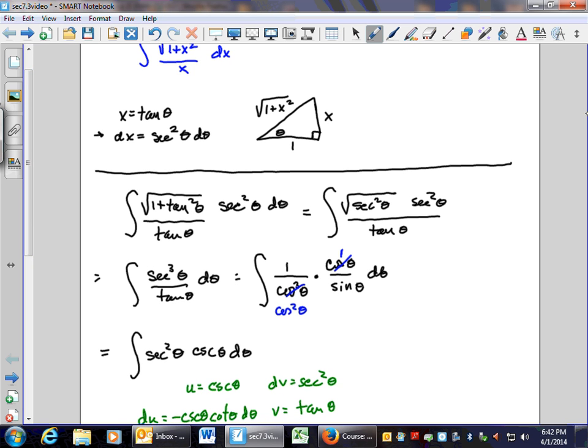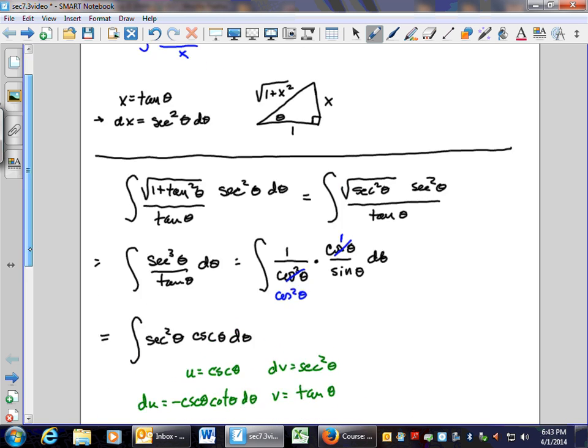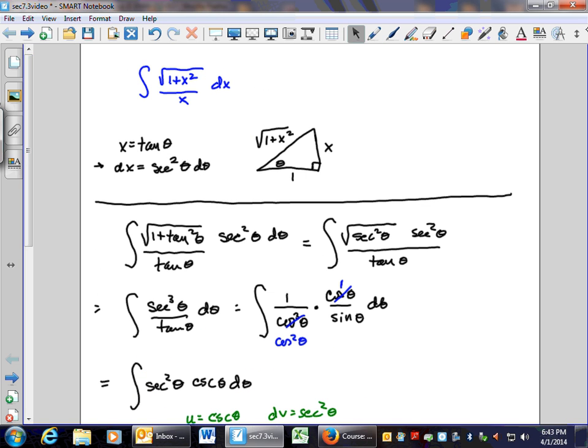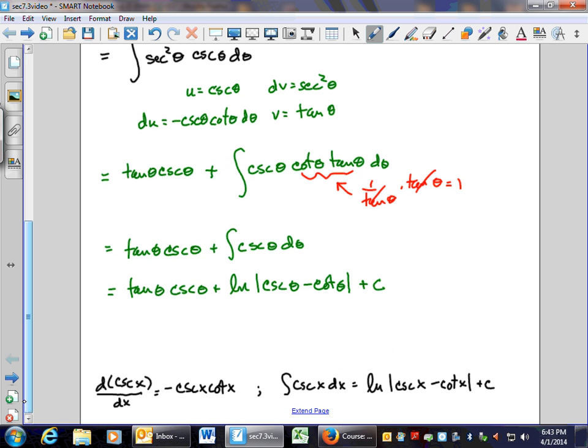Okay, so I think I'm going to go to another page. Bear with me a minute here. So I'm going to have the integral, let's have what we started with initially, the square root of 1 plus x squared over x dx. Okay, and let's bring our answer so far over there.